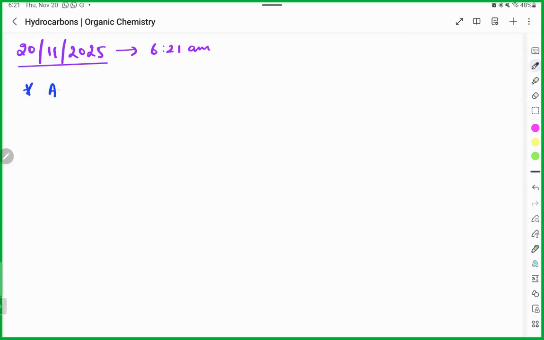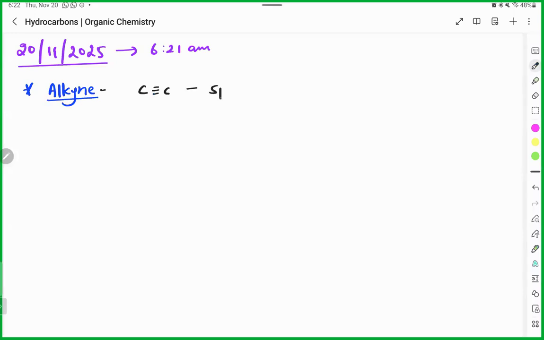And we are doing alkyne. In alkyne, you have a carbon-carbon triple bond, and you know that. Sania, what is the hybridization in this case? Sir, sp hybridization.